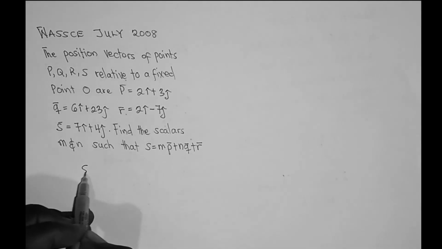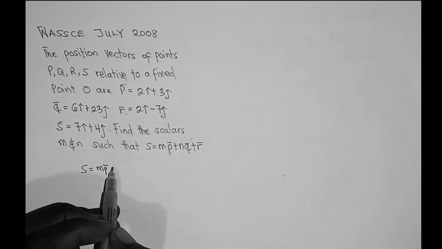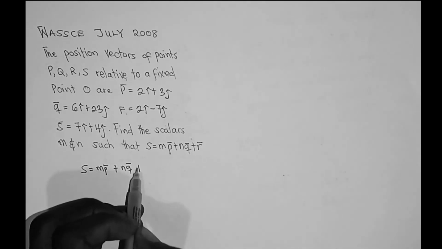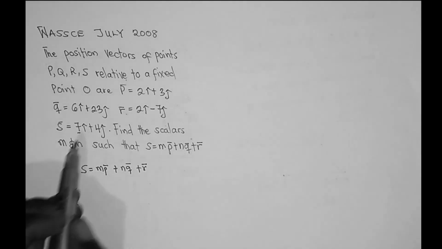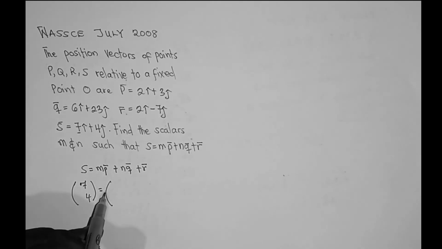So the formula is S equals mP plus nQ plus R. So let's write all of this. S is 7i plus 4j, which is 7 and 4. Then this is equal to, sorry, let me write m.